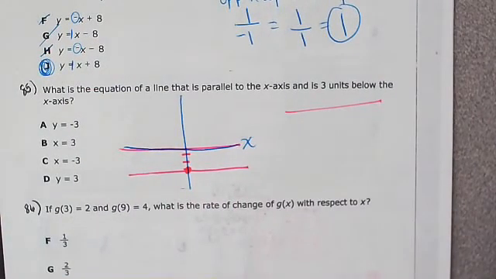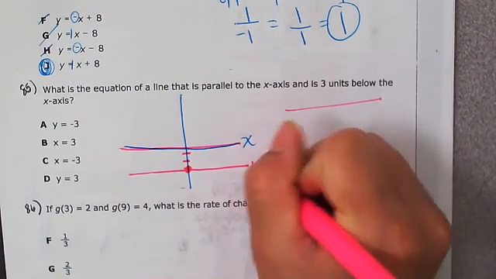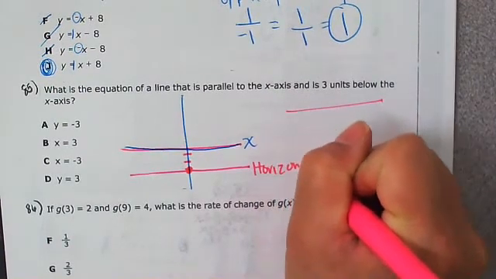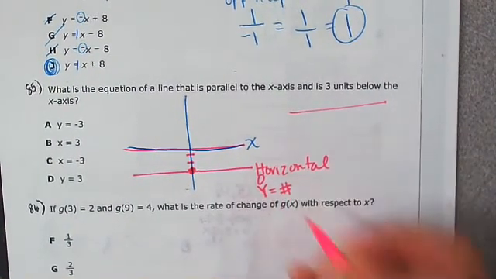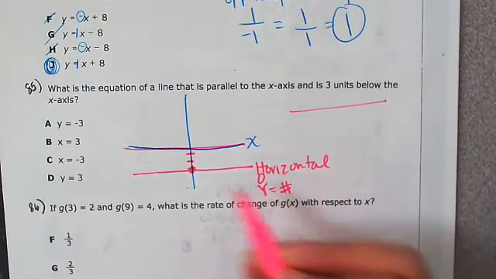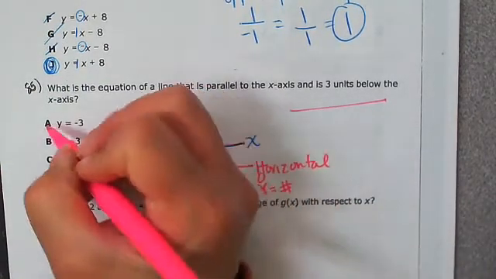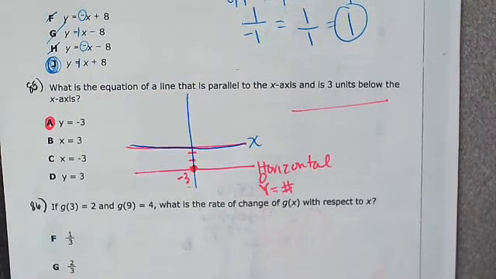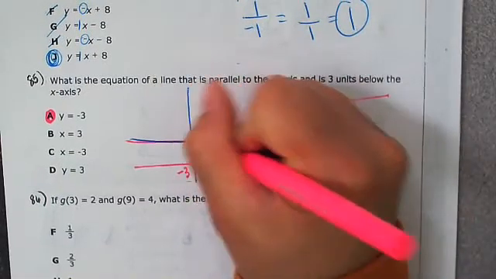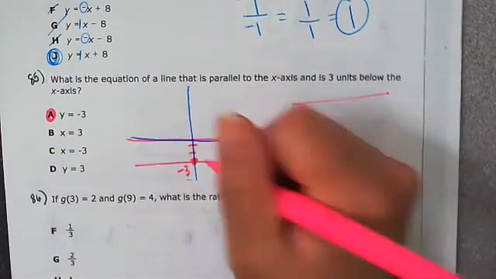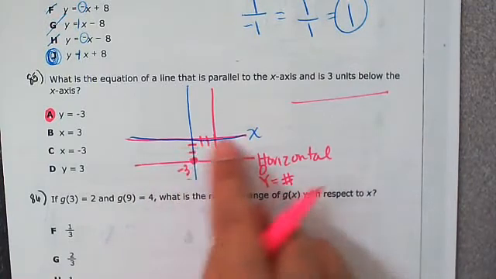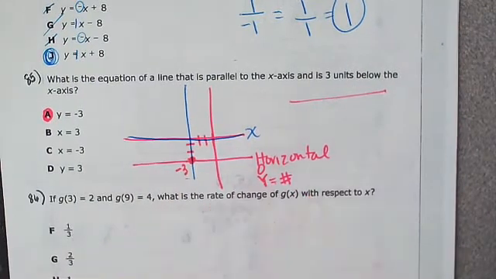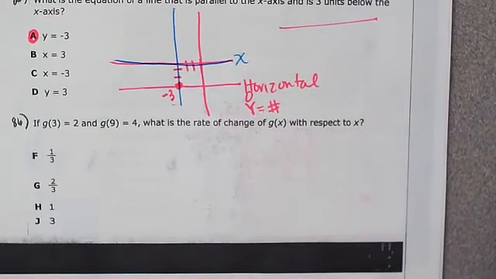So I want that line. Oh, so I want another horizontal line. Horizontals are HOY, and their equations are like this. So it's going to be y equals -3. X equals 3 would look like this. You're looking for that 3 on the x. That's not parallel. That's perpendicular. Okay, so be careful with the wording.